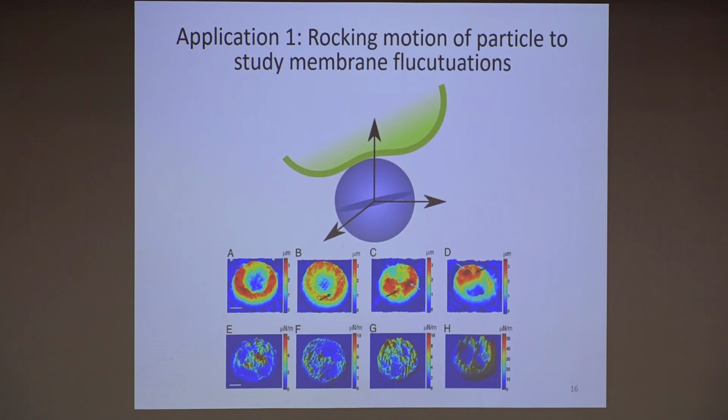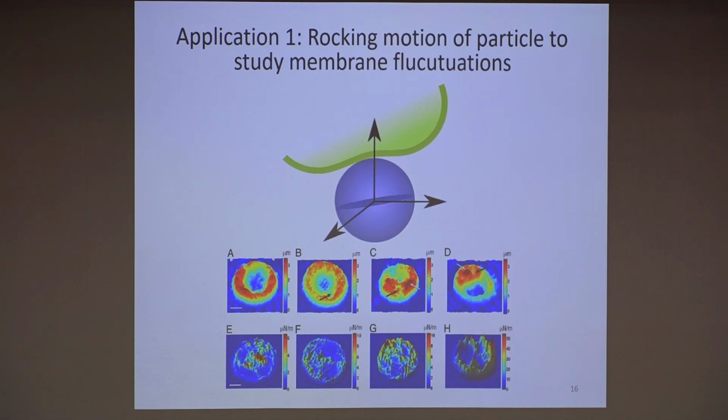One of the first applications we thought about was to take a biological cell and land this particle on top of it. These cells automatically have some fluctuations because of thermal fluctuations and some active behavior. The membrane will be fluctuating all the time. So you can land it on that and look at the fluctuations.